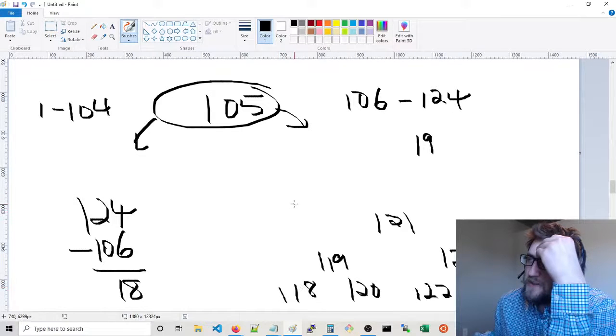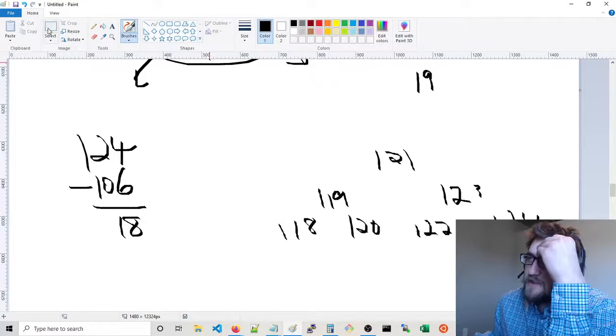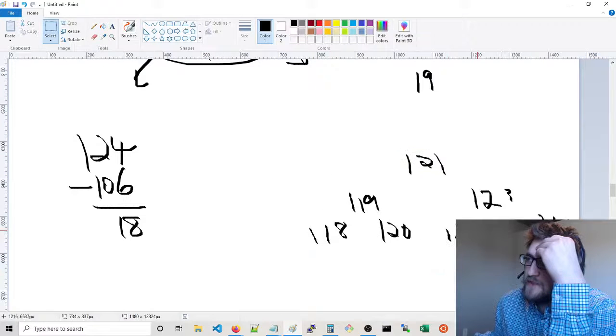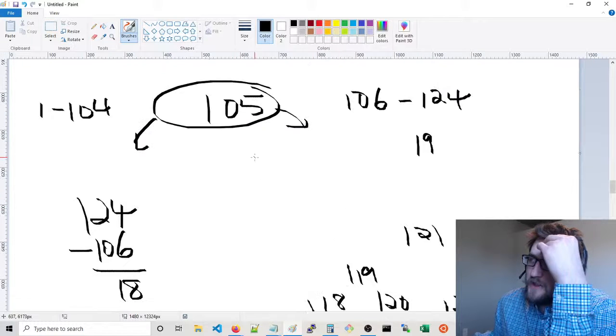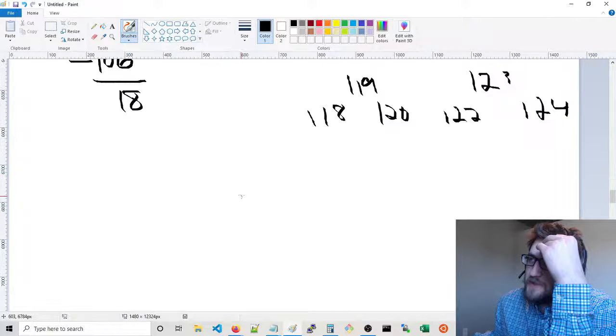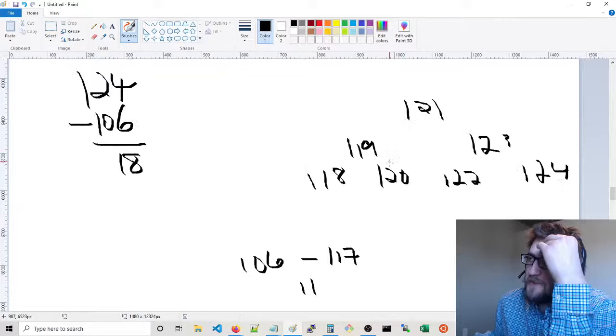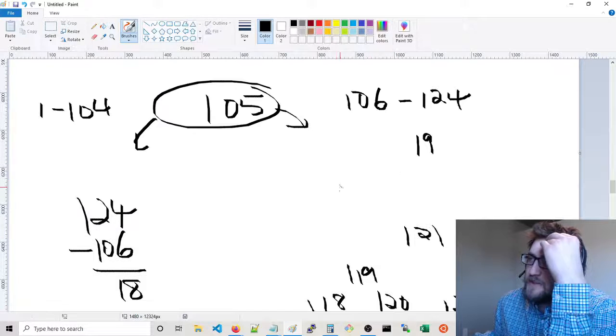And I guess you have 117 here. You could do a few different possibilities here for the other 117, 106 to 117. Still 11 nodes, still a lot of nodes.